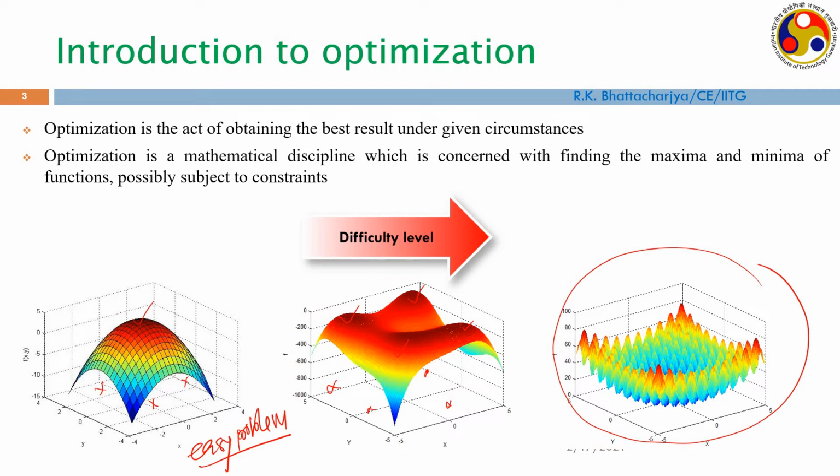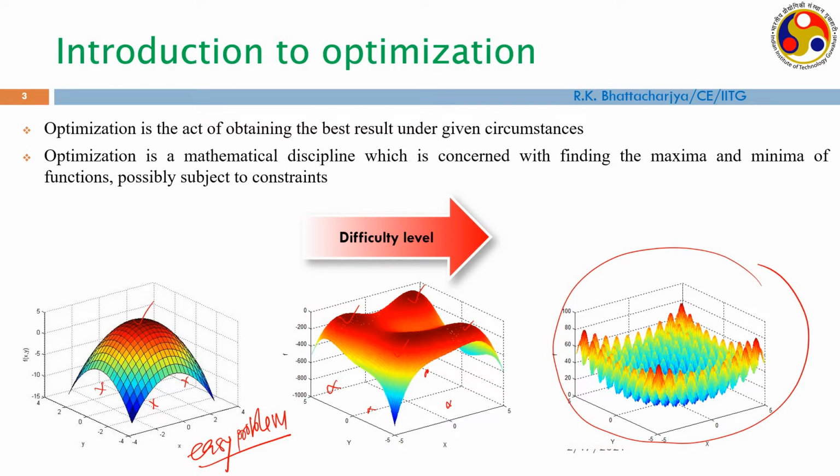It is not that easy to solve using classical optimization techniques, so you need a different method. We will discuss these methods today. One of them, as I said, is the genetic algorithm, so I can use the genetic algorithm for solving this problem. I hope it is clear now.